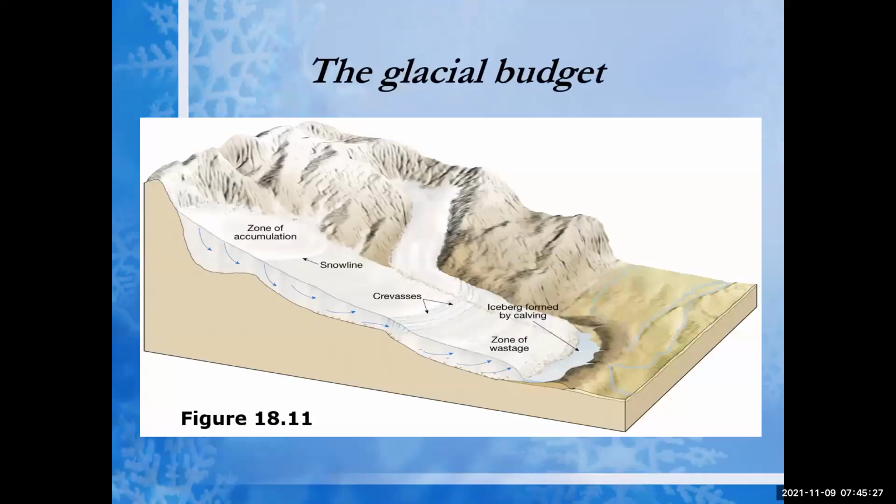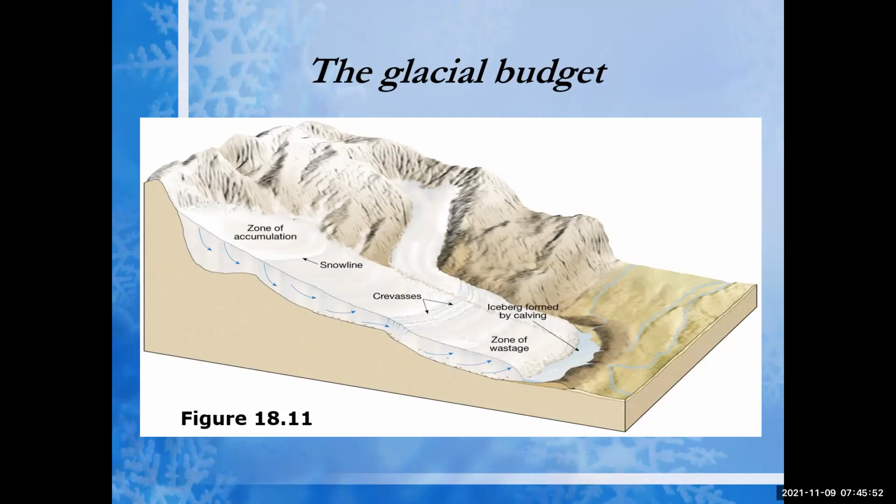So with that said, we can think about these glaciers as representing a budget of sorts. When you look at the length of a glacier, or its thickness or volume, you're looking at a really delicate balance between how much ice is accumulating and how much ice is being wasted.